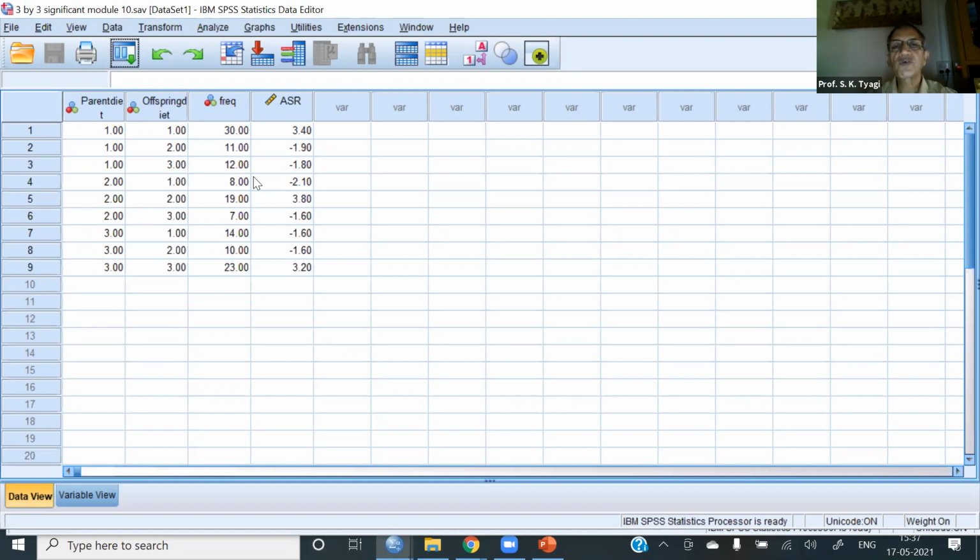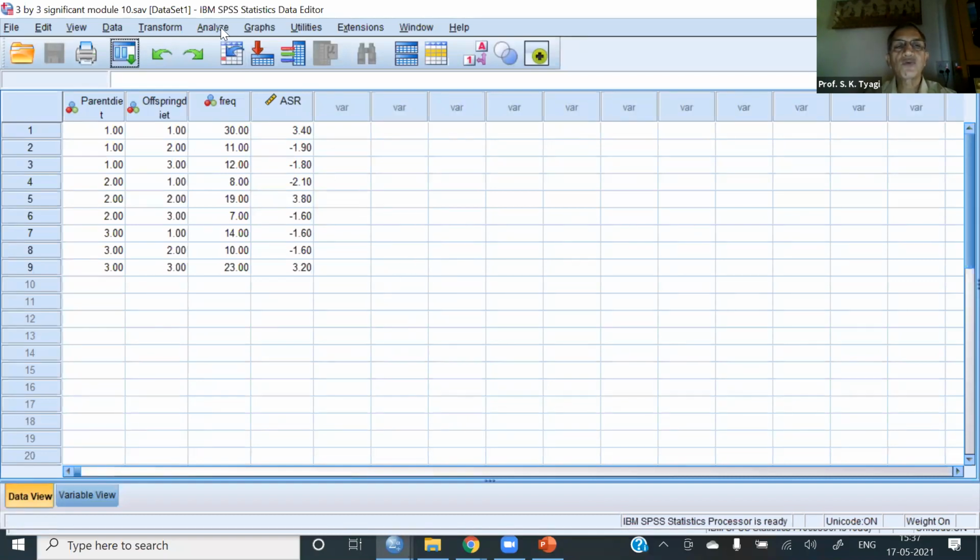Now we have to conduct a specific test to find out where FO is different from FE, in which cell. There are 9 cells. There is at least one cell in which there will be a significant difference. Otherwise, there would not have been an overall significant chi-square.